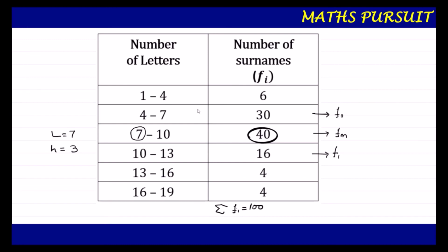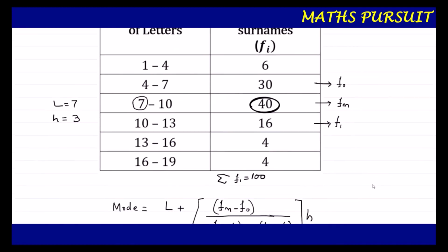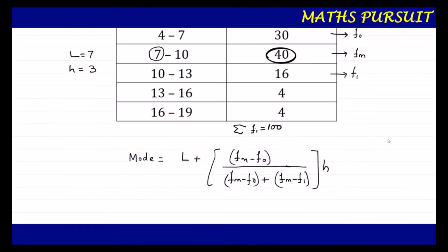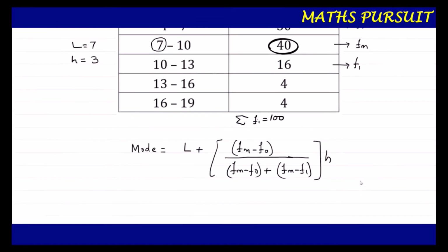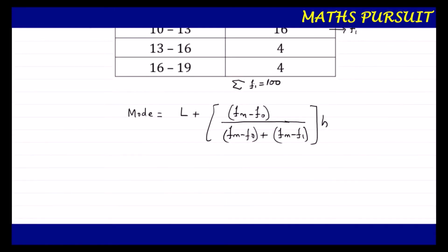With all these figures in hand, let us now put these figures in the formula and find the modal of the given data. Before putting these things in the formula, let us note them down here.